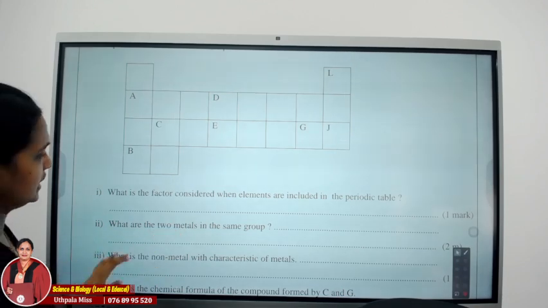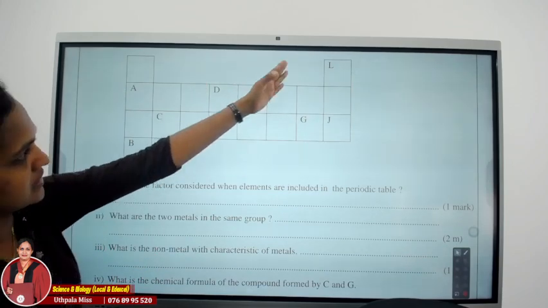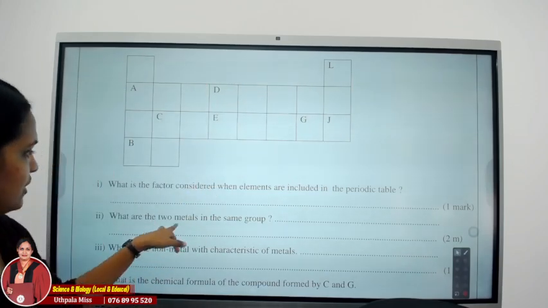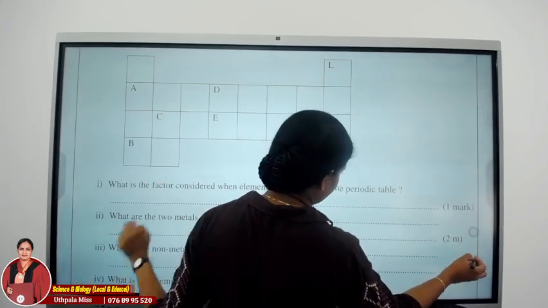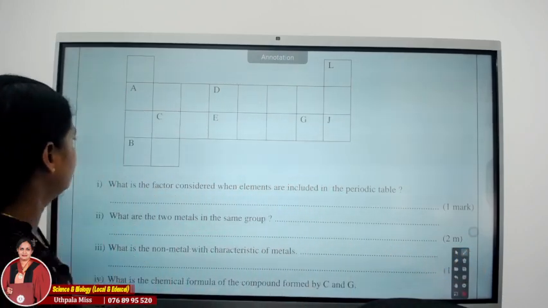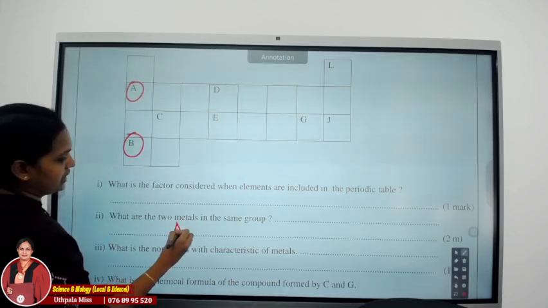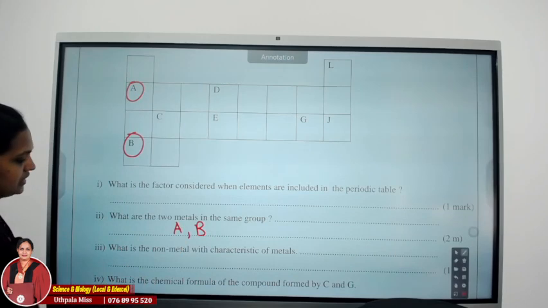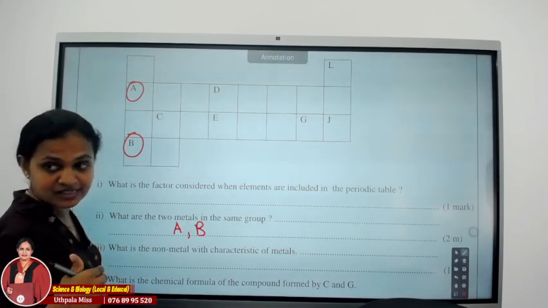What are the two metals in the same group? There are elements in the same group, but it asks about two metals in the same group. You know metals are on the left hand side of the periodic table, right? So A and B are the two metals. Then, what is the non-metal with characteristics of metals?